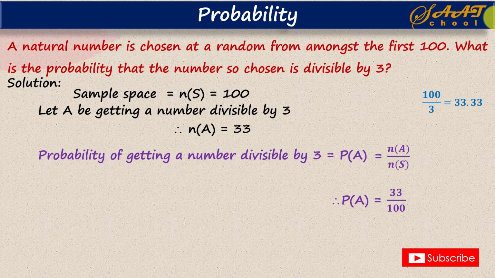We ignore the number after the decimal and simply take the number before the decimal, and that is 33. And we come to know there are 33 numbers which are divisible by 3 from among the first 100 numbers, and that is how we find n(A).